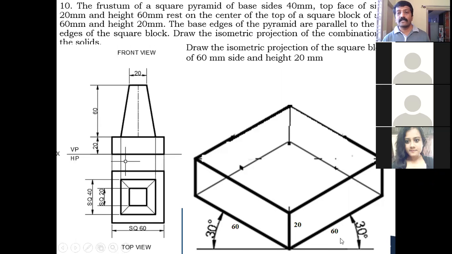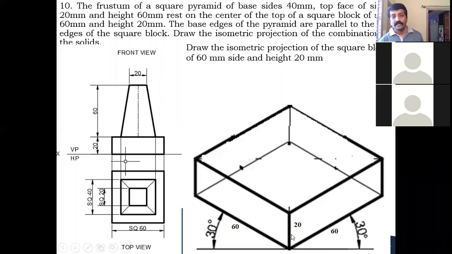So with this as the center, you cut on either side of your 30-degree line. Now after this, you draw a 30-degree line in this direction and a 30-degree line in this direction, and wherever they meet, you get this point. That means the base of your square block or square slab is ready.